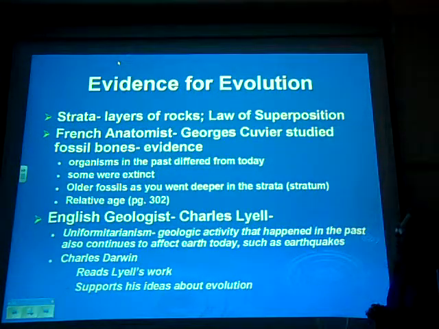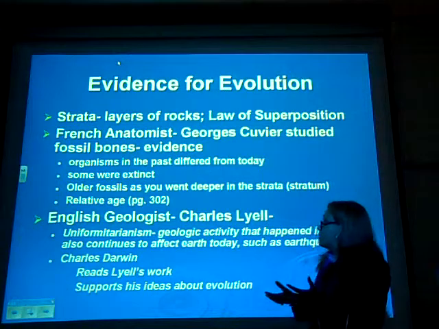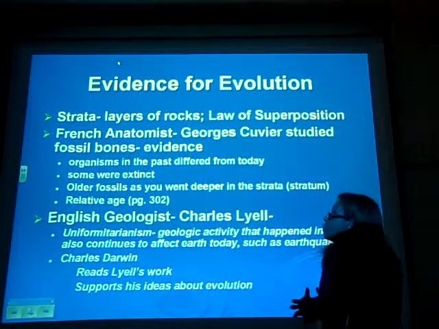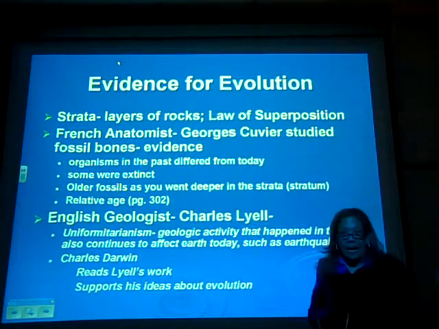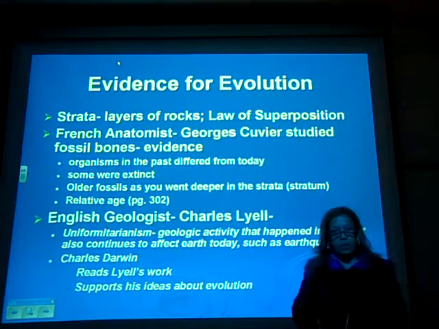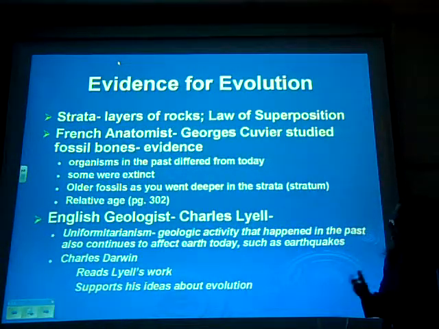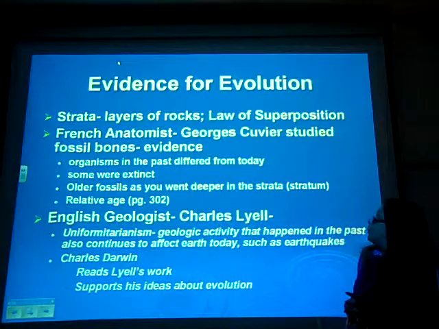So what's some evidence? Because I said Charles Darwin's theory was really accepted because of his evidence. Well, scientists started to look at layers of the Earth, which we call strata. Strata is plural, stratum with the M is singular. Scientists came up with a law of superposition.